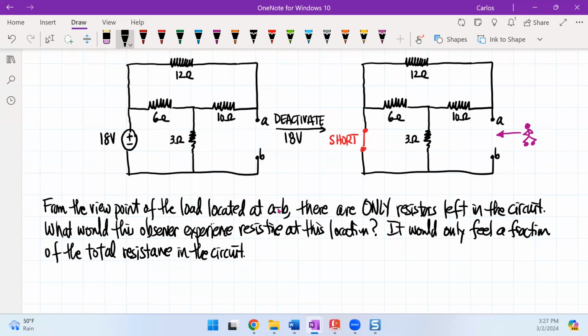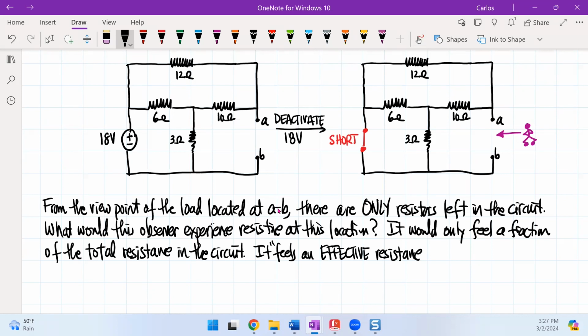In other words, it feels an effect of resistance, and the word that really comes to mind here is charge screening. What does a charge feel when it's outside the nucleus?